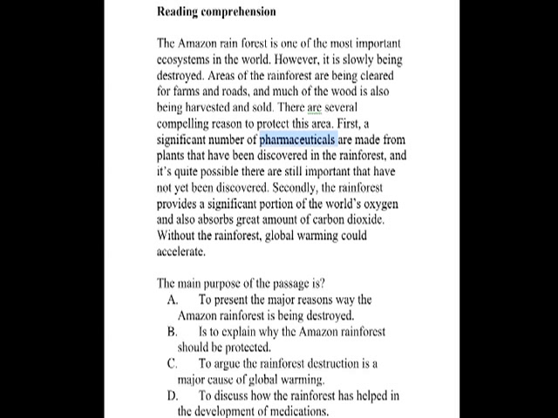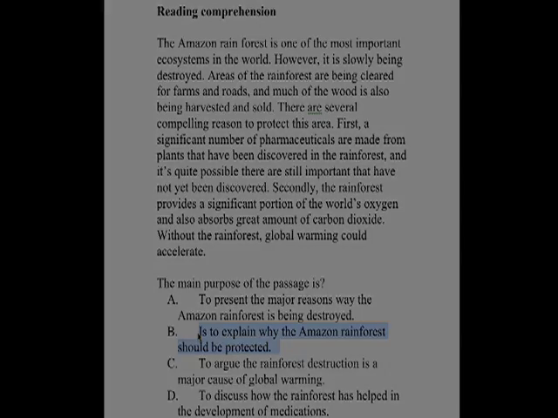So by eliminating the ones we know are not the main ones, A, C, and D, we are left with B, which tells us that the main purpose of this passage is to explain why the Amazon rainforest should be protected. And as seen several times in the passage with our first example and our second example, we can conclude that the major purpose of this passage is to explain why the Amazon rainforest should be protected.